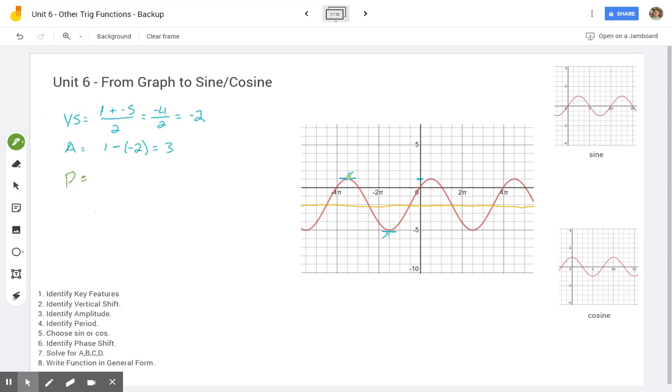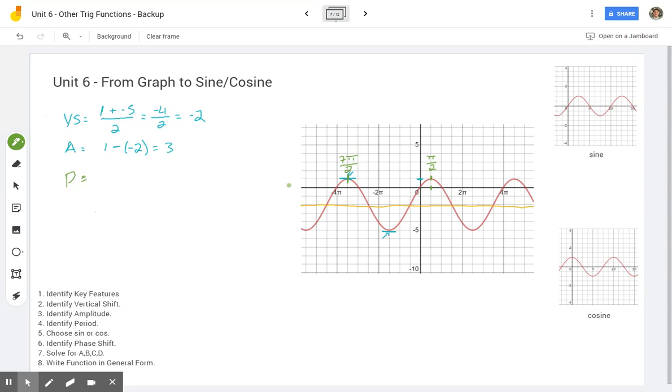Now, when we're working on our horizontal shifts, we're going to be working on the x values. So in this case, we've got our max value right here. That's going to bring us across right here, which looks like the 3/2 pi, which would be 7 pi over 2. Okay, so we have a 7 pi over 2 x value right here. We go to our next peak over right here. This is going to be at the pi over 2 value.